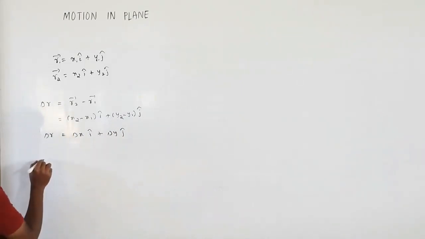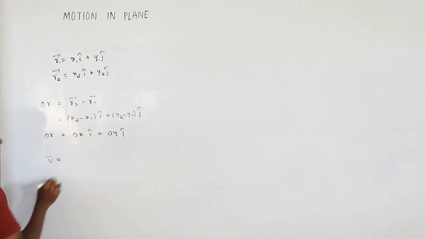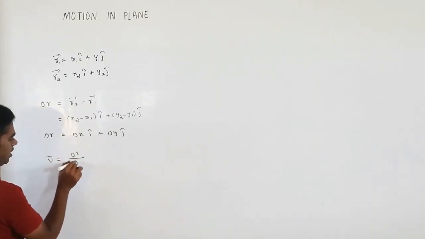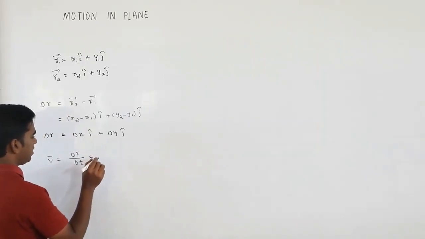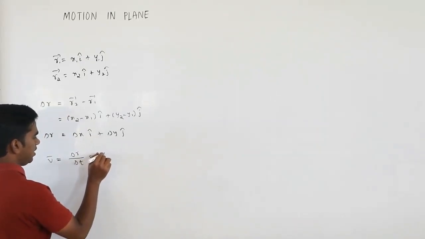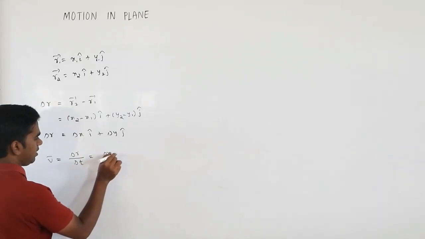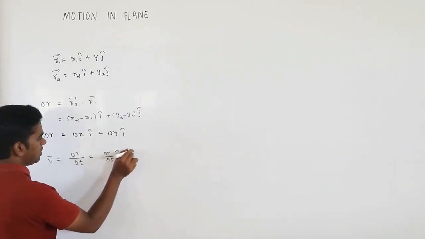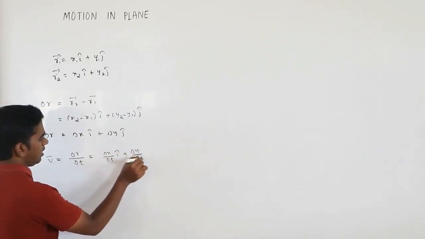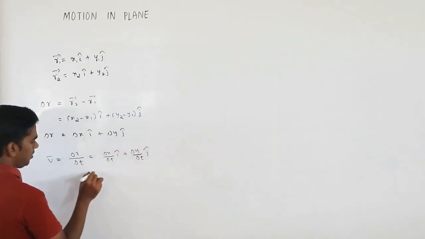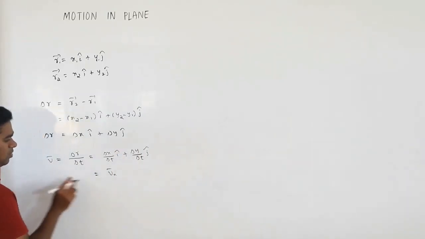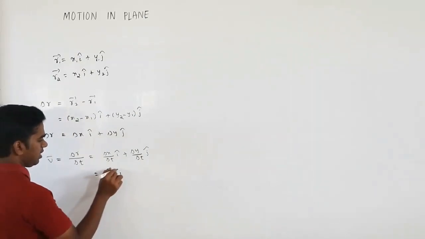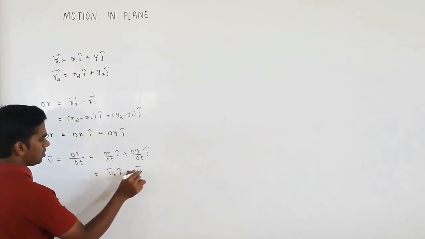What about the velocity? Average velocity we used to write as delta r by delta t. That is delta x by delta t i cap plus delta y by delta t j cap, or you can say it is the average velocity along the x-axis i cap plus the average velocity along the y-axis j cap.